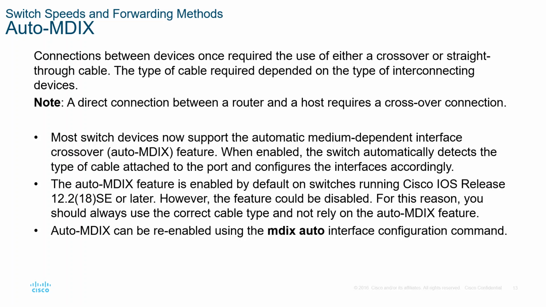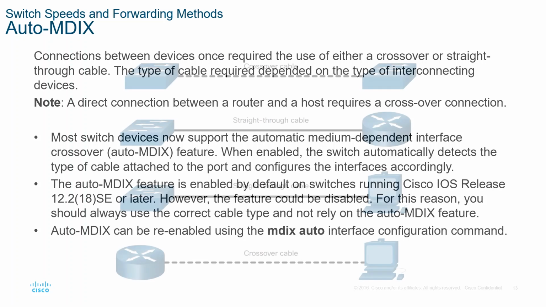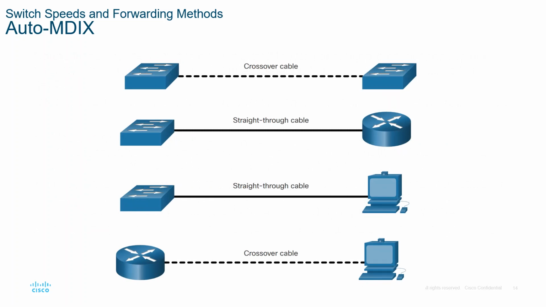For example, let me see, if we look at the figure, this figure identifies the correct cable type required to interconnect switch to switch, switch to router, switch to host, or router to host device.